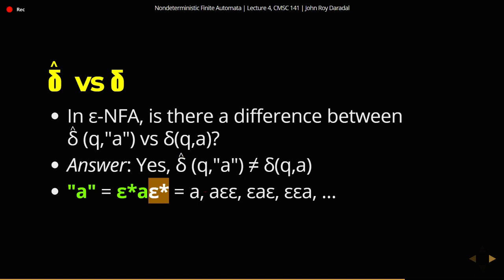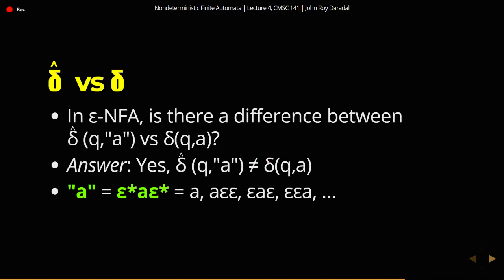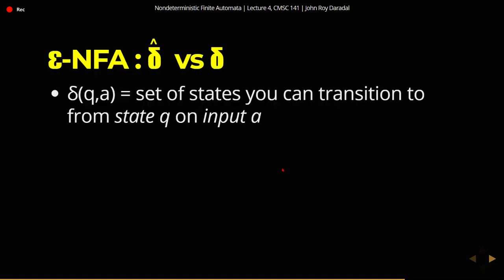So it could be just A, or A epsilon epsilon, or epsilon A epsilon, or epsilon epsilon A, and so on. You could attach 0 or more epsilons before and after your input symbol A. Whereas in the transition function, you don't really have the extra epsilons, right?